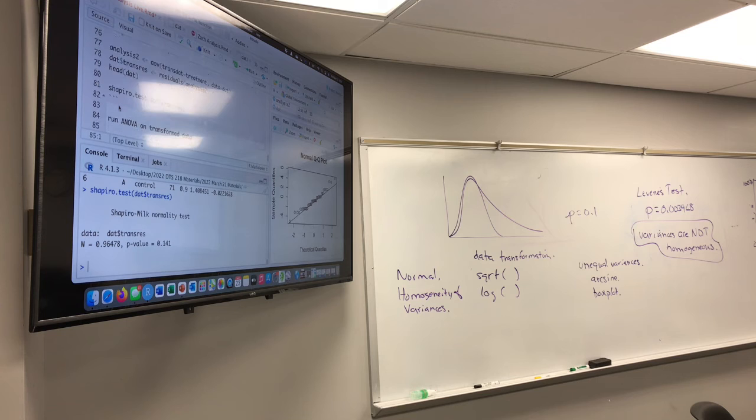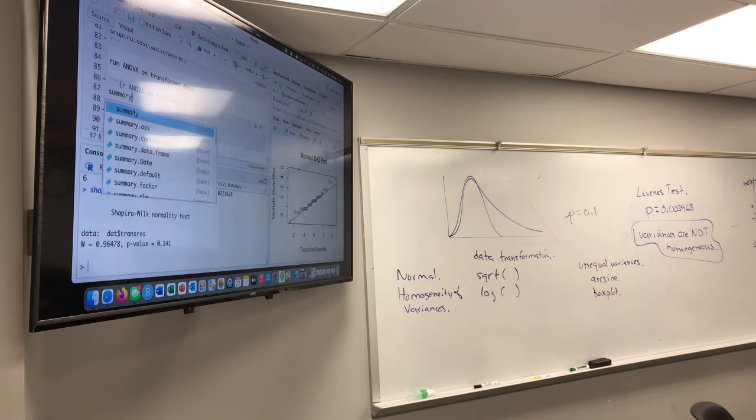In this case, the coding is really simple because we've already given ourselves a model. So get yourself another coding block. We've already run the model, so all we need to do is get the summary of the model.